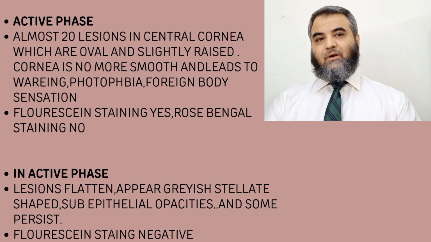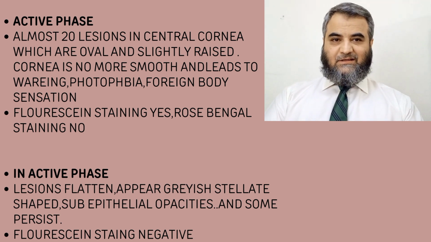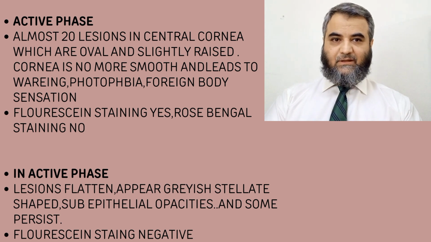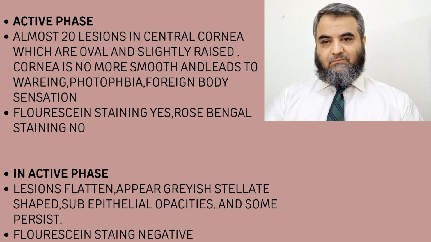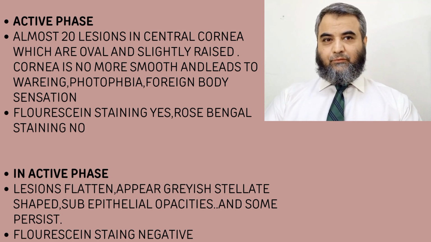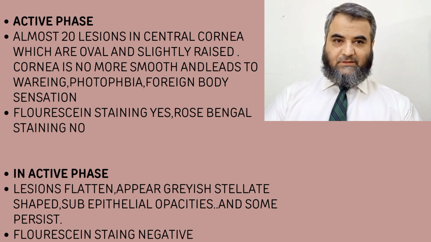Once these lesions are formed, the corneal surface no longer remains smooth and develops irregularity. This is the cause of the photophobia, discomfort, and irritation. Because of this, during this stage, if you put fluorescein, it will stain. But if you put rose bengal, it will not stain.